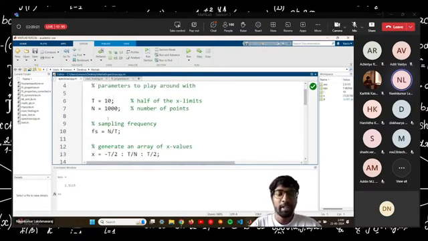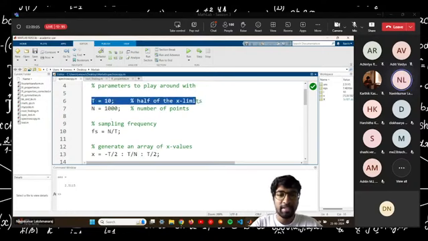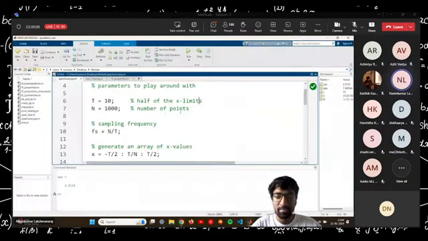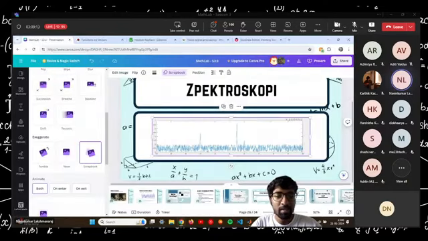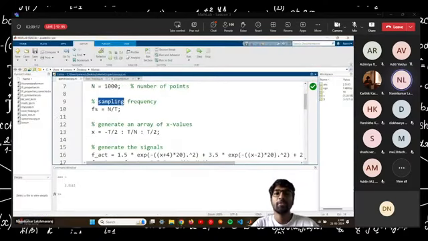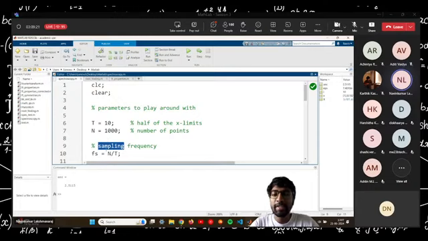So what I've done in this procedure is first I set the X limits, so basically from -10 to 10 as shown in this figure here. And then I'm also generating 1,000 points from -10 to 10. Now there's a quantity that is known as the sampling frequency, which is given by n divided by t, which essentially tells you how often do you actually pick out data from the actual signal.